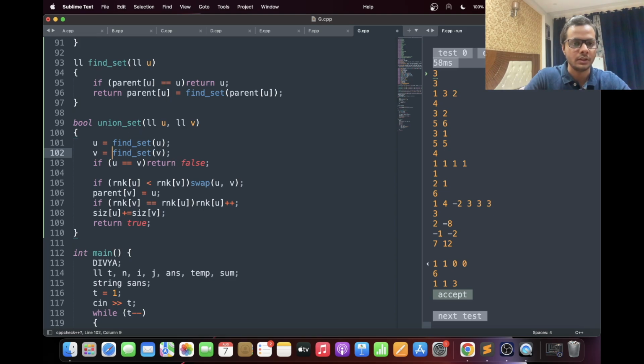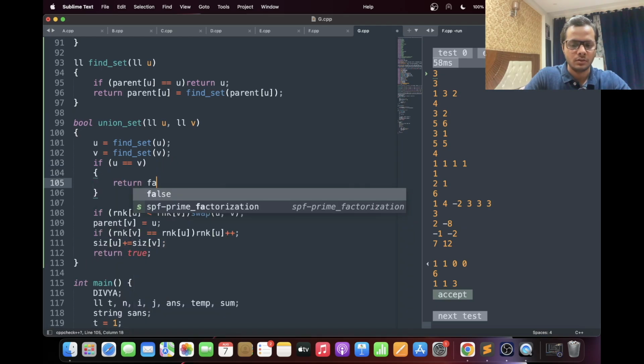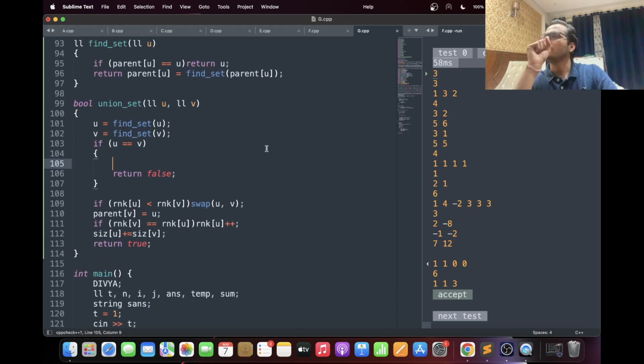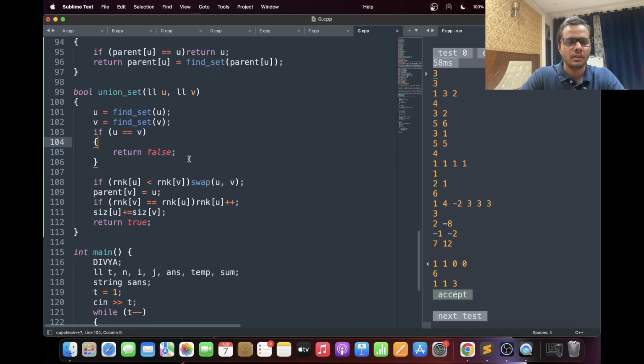So now we also need num reachable. If u is equal to v, then I don't think we need to make any changes because all of those nodes were already reachable, right?